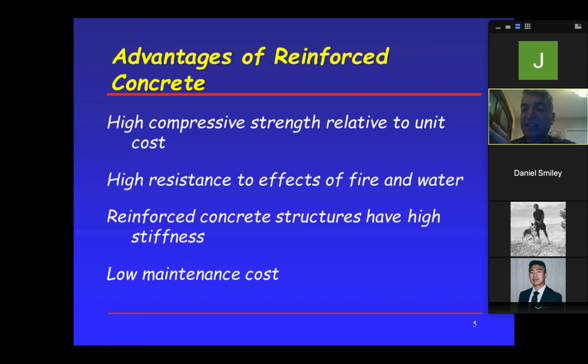You will not see a 10-story wood building. Yeah, they're nice and they're flexible, but the strength of them is not that great. But concrete, the highest building in the world now in Dubai is built out of concrete. Okay, so this is what the stiffness advantage is for concrete.